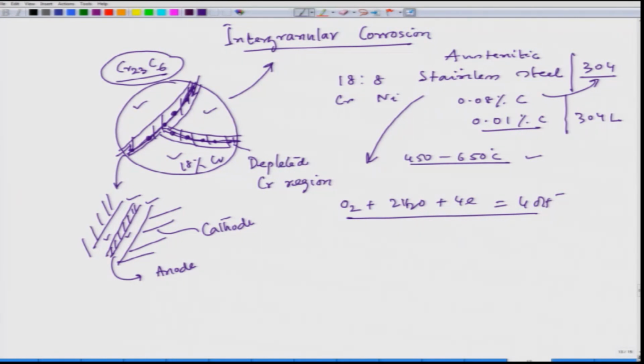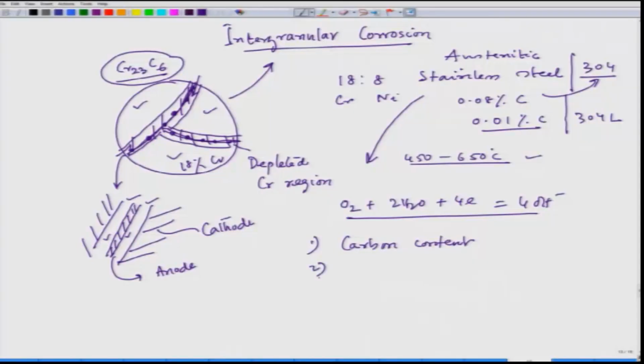One route is, of course, to reduce the carbon content. If we do not have carbon for the precipitation of chromium carbide, of course chromium carbide would not precipitate. So, the chromium would be distributed homogeneously over the entire surface, there will be no formation of a preferential anode with a large area cathode, and we can avoid intergranular corrosion. The second part is the temperature region.